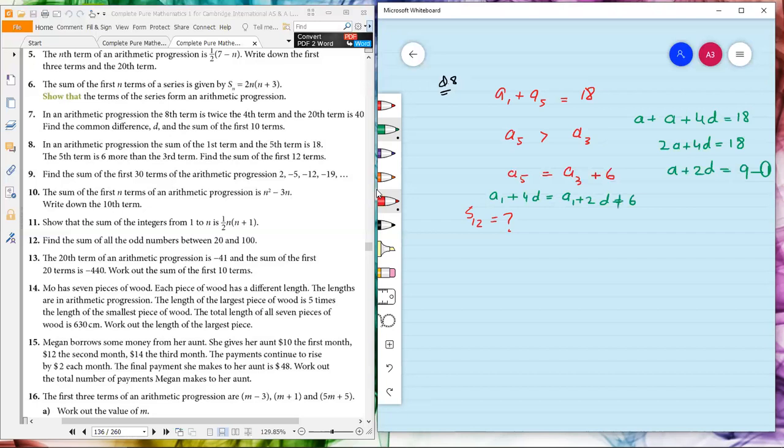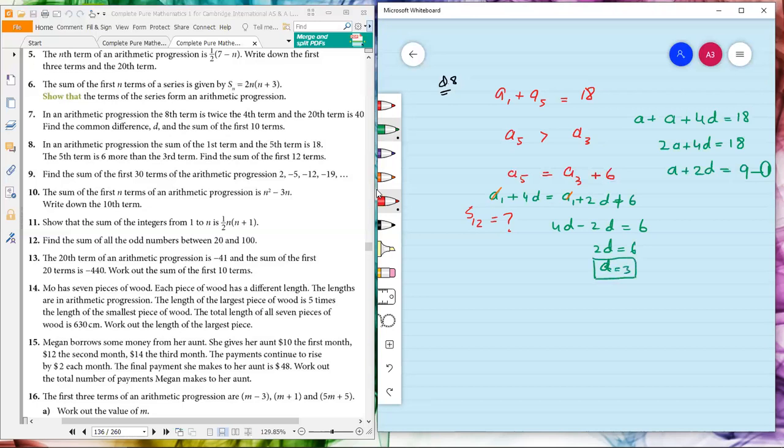A on one side will become 0, or you can simply cancel a and a. And then 4d minus 2d is equal to 6, and 2d is equal to 6, and d is equal to 3. So this is the answer for d.